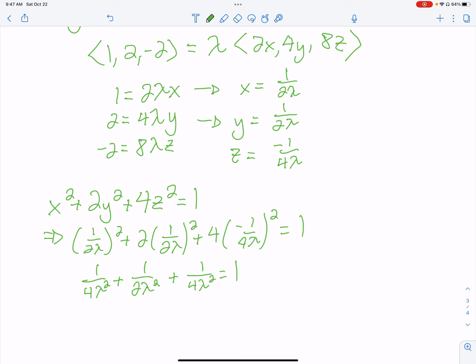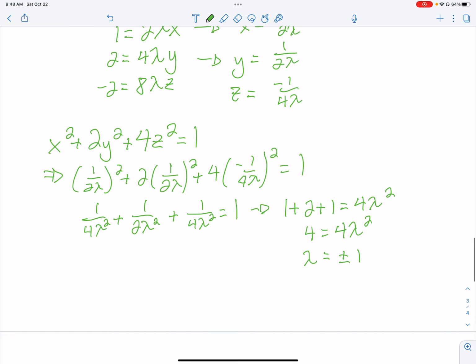If you multiply both sides by 4 lambda squared, we get 1 plus 2 plus 1 equals 4 lambda squared. That gets me 4 equals 4 lambda squared. We can work this out, and we'll see that lambda is plus or minus 1.